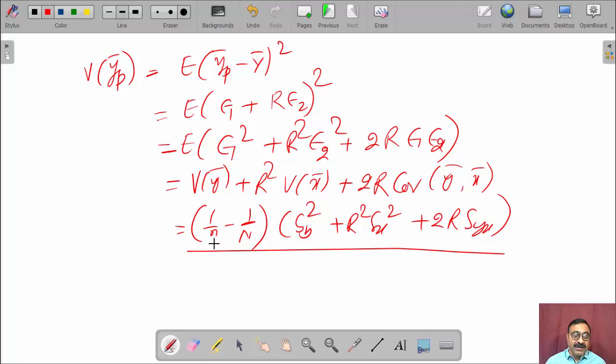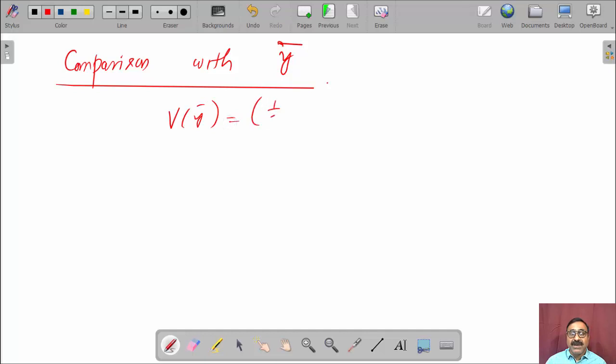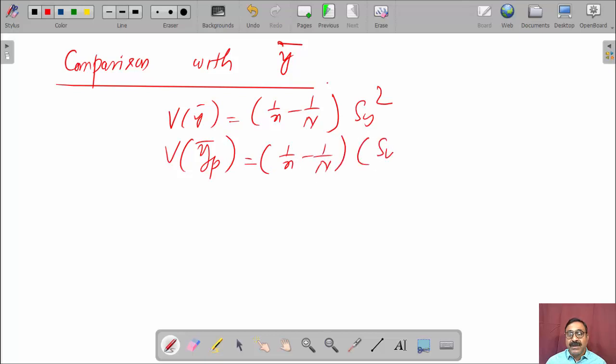Now we shall compare the product estimator with the simple mean estimator y bar. We have variance of y bar equal to 1 by small n minus 1 by capital N, sy square, and variance of the product estimator equal to 1 by n minus 1 by capital N, sy square plus r square sx square plus 2r syx.